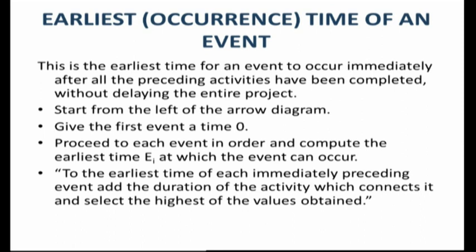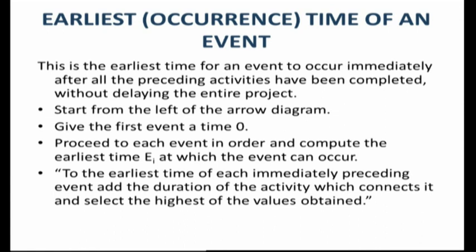We might come across a situation where one particular activity can only be started after completion of several other activities. In such a situation, we add the earliest time of each immediately preceding event to the duration of the activity which connects it and select the highest of the values obtained.